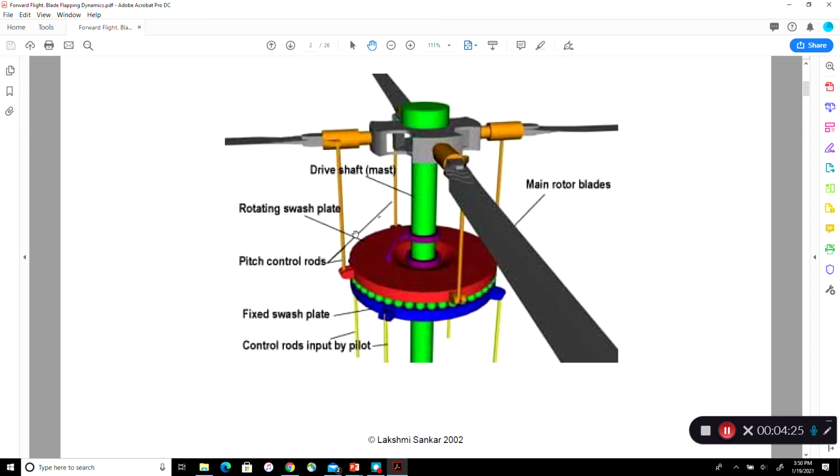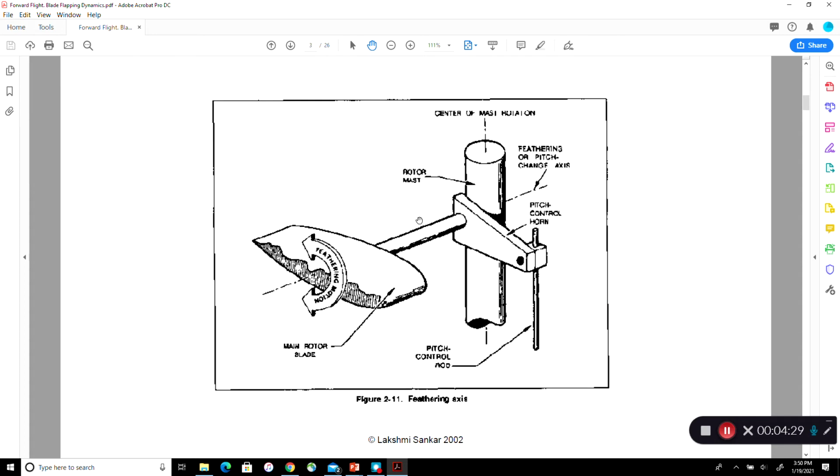But it's not the blade right in front of the pilot that pitches up. Rather, the blade that is to the pilot's side pitches up. So there's a 90-degree difference between where action is applied and where the actual rotation takes place. We are applying action here, but the rotation is taking place here.